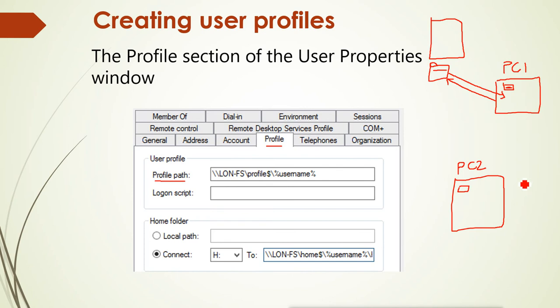The next day when the user logs into PC2, the profile will be loaded from this share folder, and the user will get everything created on PC1, because the profile is not saved locally, it is saved on the share location we configured under the profile path option. When the user logs out, the profile is saved again to the share folder. It is called a roaming profile because it roams with the user.